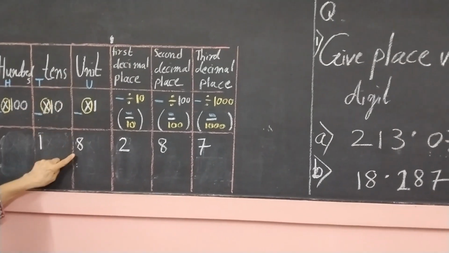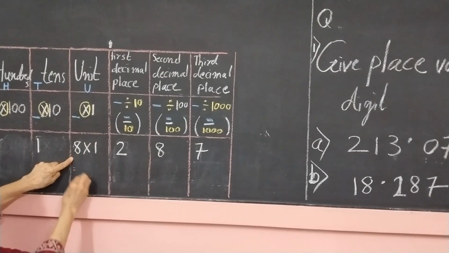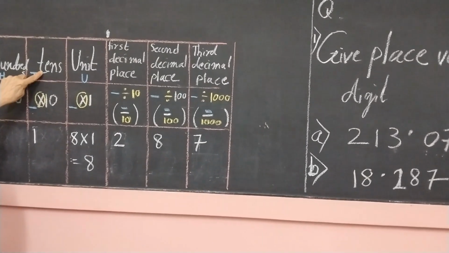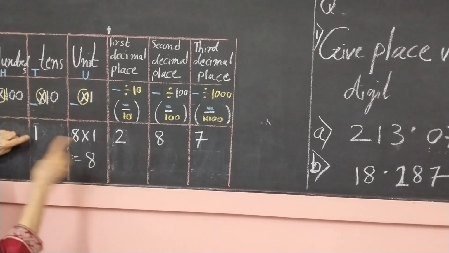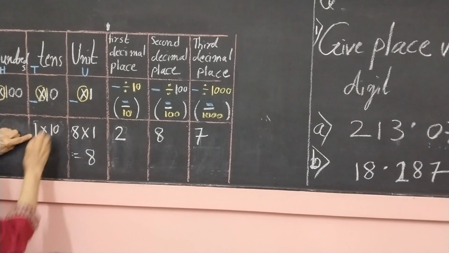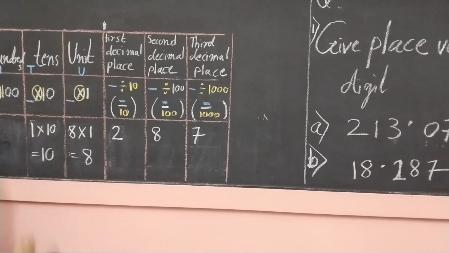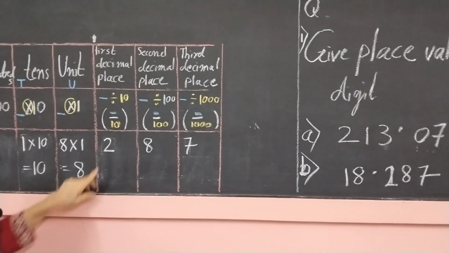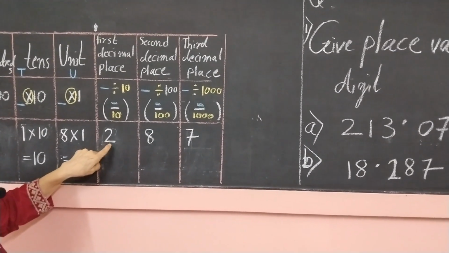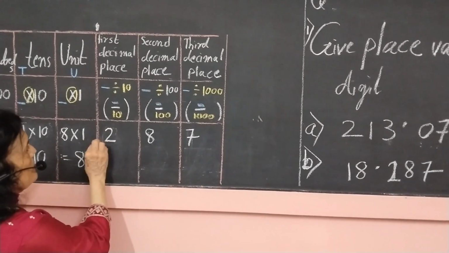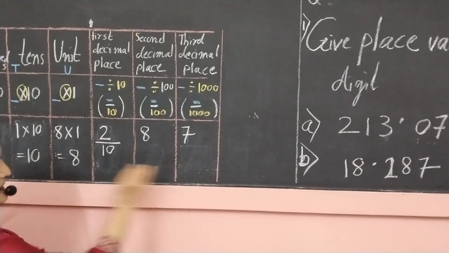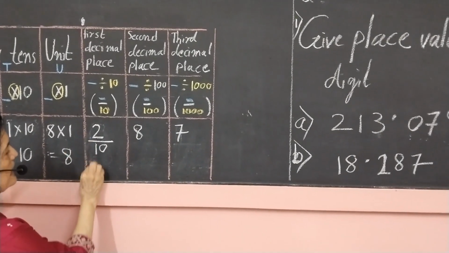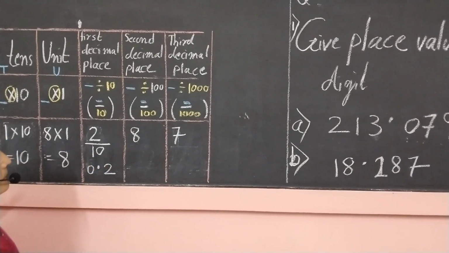Now unit means single, so 8 into 1, so its place value is 8. Tens means 1, the given number is 1, into 10, so its place value is 10. Now we come to the first decimal place, where 2 is occupying that place. So 2 upon 10. On this side we have to go on dividing. 2 upon 10 can be written as 0.2.